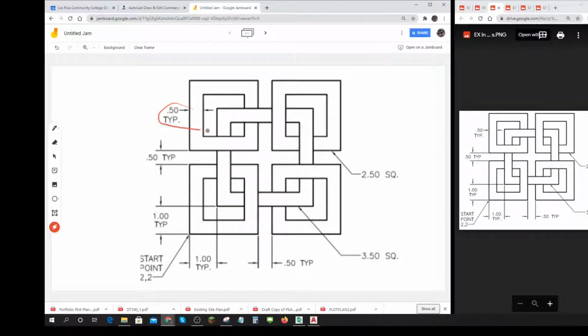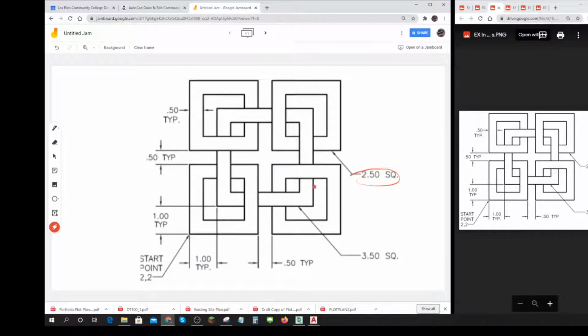And it tells me right up here, I got to look around for a while. 0.50 typical, that means this distance, this distance, this distance, this distance, all these distances are the same as 0.5. So that's an offset command. Real simple. And the squares are sitting with a gap of 1/2 inch.